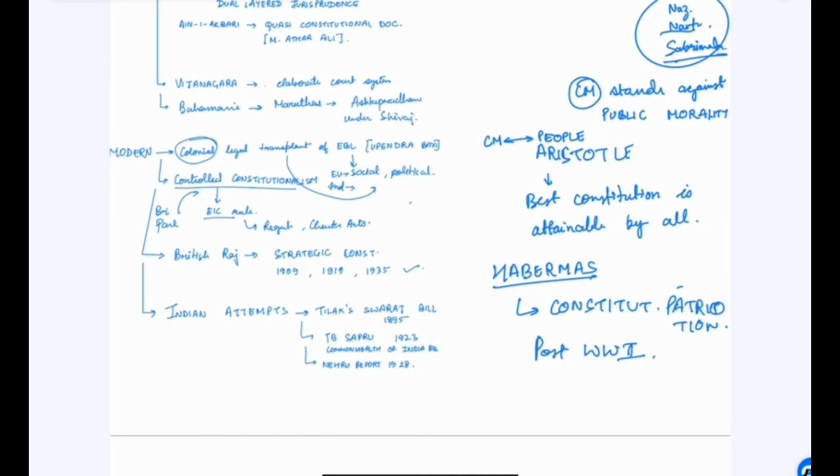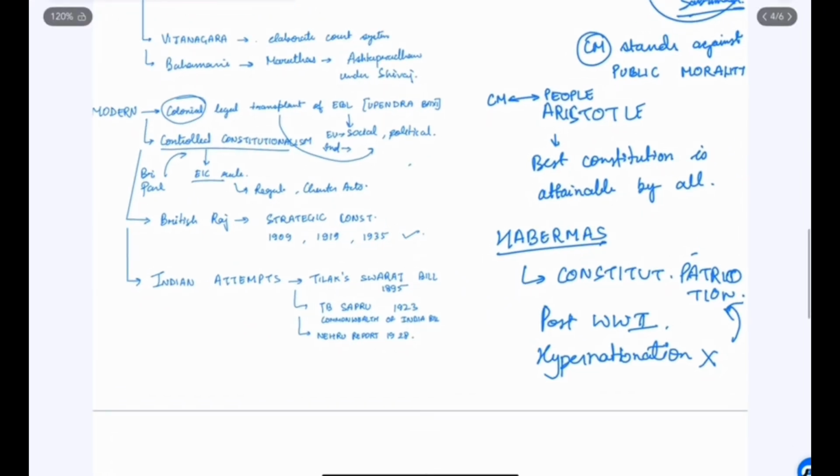So he emphasizes an idea which is, since the main reason behind the World Wars was hyper nationalism, this idea discards hyper nationalism. Constitutional patriotism says rather than focusing on our identities as a nation, we should focus on the values as a nation.